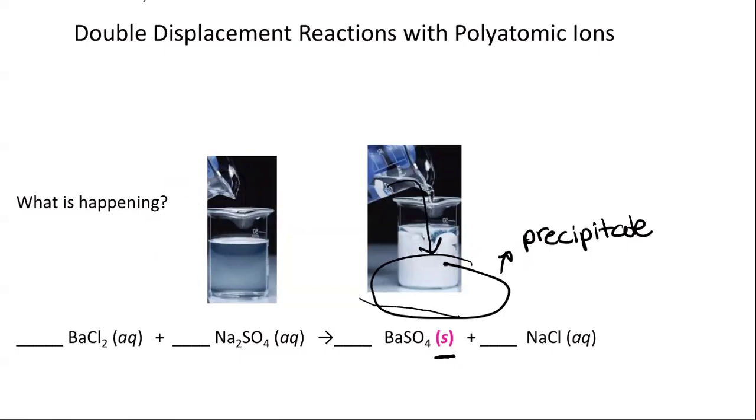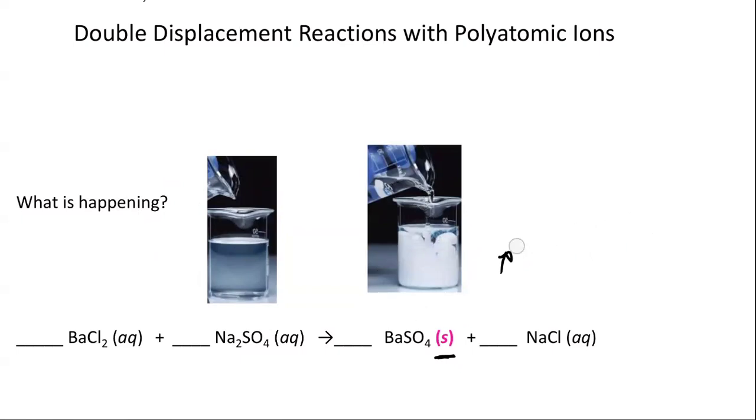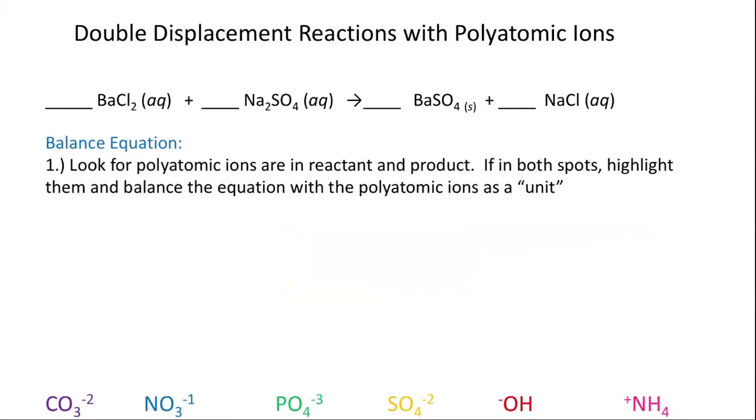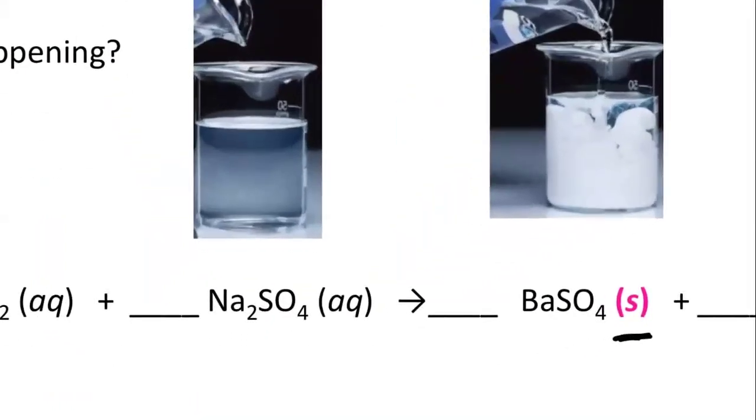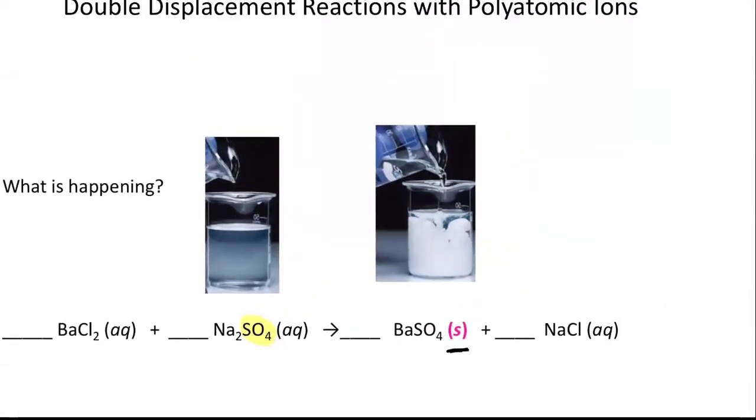So let's track where things are going, because now we have a polyatomic ion. With polyatomic ions, we want to find them because they're multiple atoms, and we don't want to get lost. So here's my SO4 here. It was with the sodium, and it ended up with the barium.